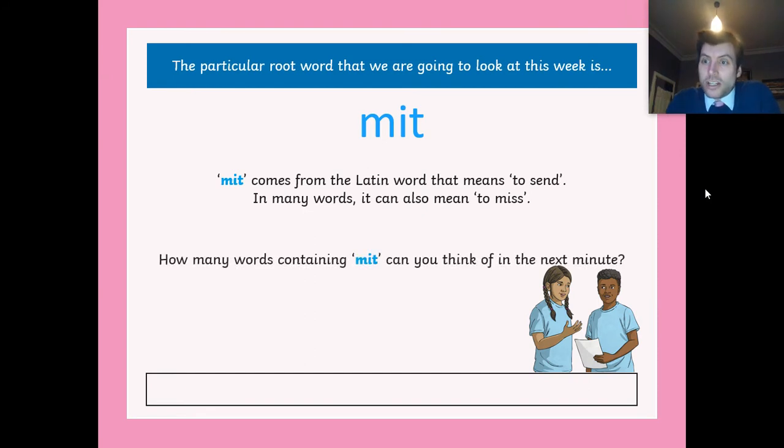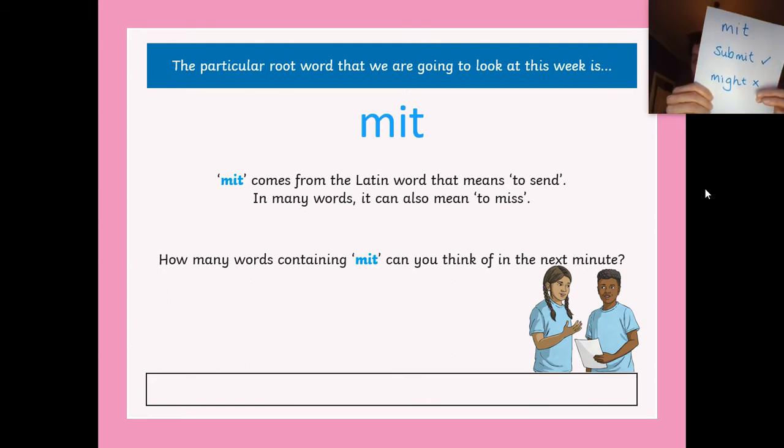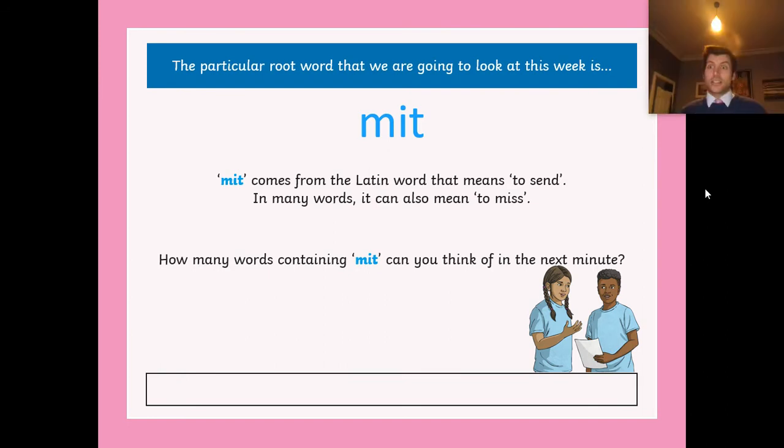So what I'd like you to spend a minute thinking about is, can you think about any words which consist of the word MIT, so contain it? I'll give you an example of two. I'd be correct if I put submit because it's got MIT, but I would be wrong if I put mighty because although it's got MI, it's not then with the G and the H. So it's where it's MIT next to each other, the three letters.